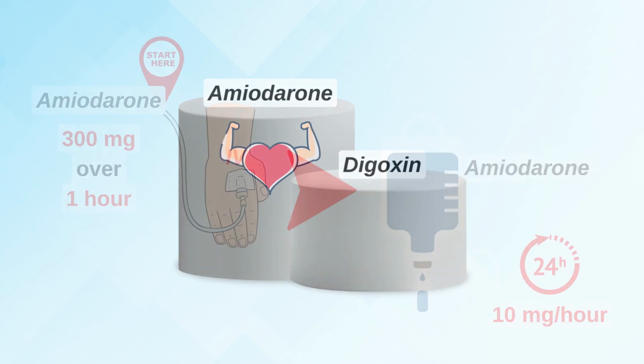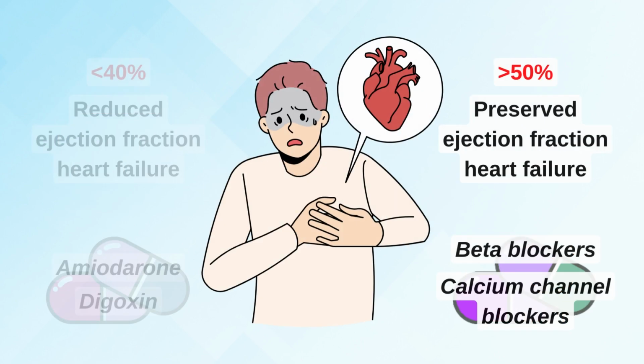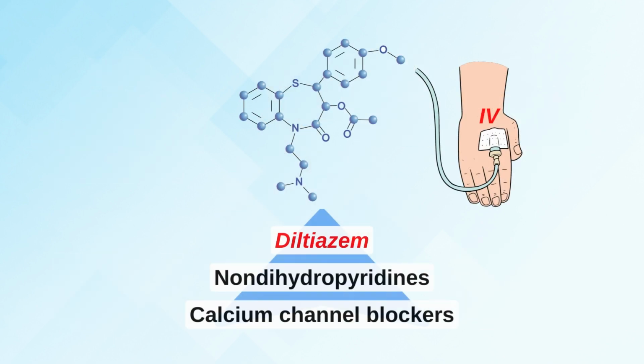And we will give a dose of 300 milligram intravenously over a period of 1 hour. And we can follow this up with an infusion of around 10 milligram per hour for 24 hours. Sometimes even more. And in patients who have preserved ejection fraction, we usually give calcium channel blockers, and we're dealing with a non-dihydropyridine calcium channel blocker.